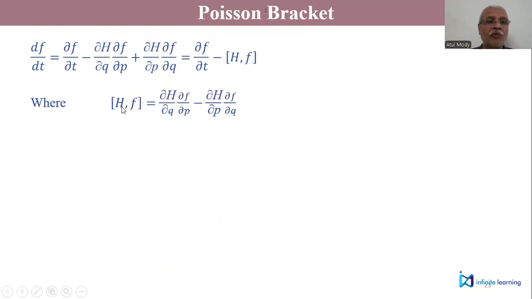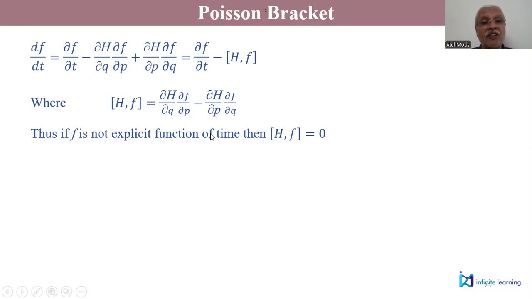Right. So the Poisson bracket now has a definition. If it is two quantities, H and f, then ∂H by ∂q, ∂f by ∂p. So first you differentiate with q, then p. In the second term, the first function is differentiated with p, and the second with q, but with a negative sign.